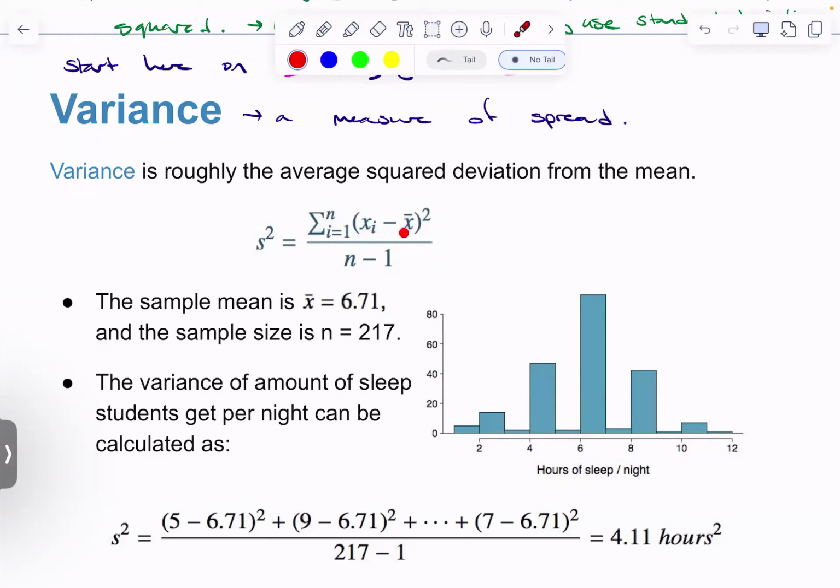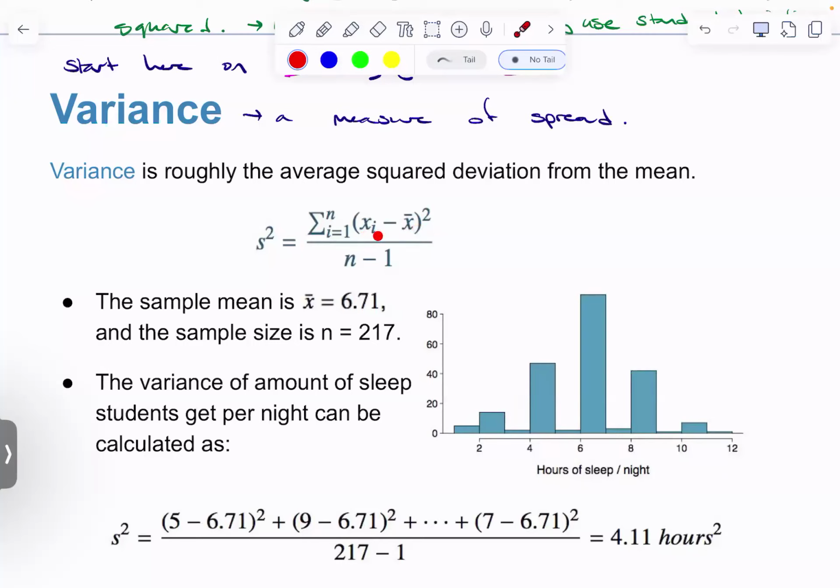Then you're taking each observation in your data set of x, and seeing how far it is from the mean. That's the spread. And so that's what we call a deviation. So first, how far is each value from the mean?